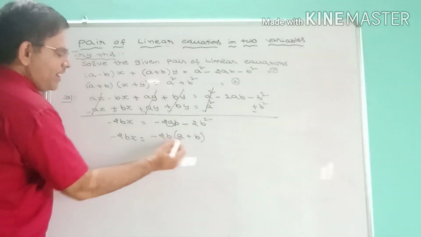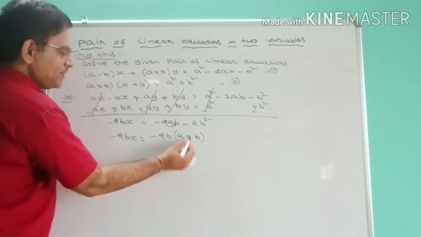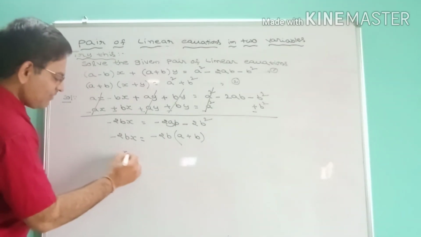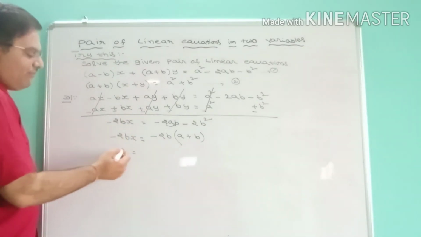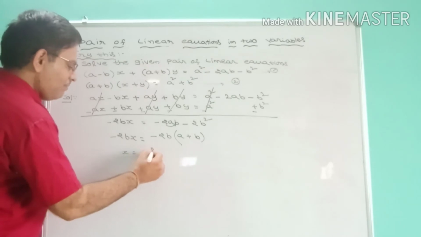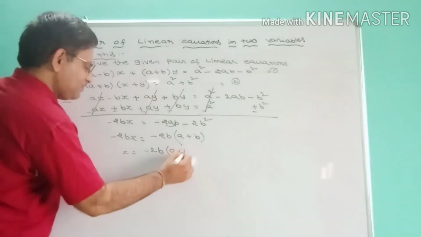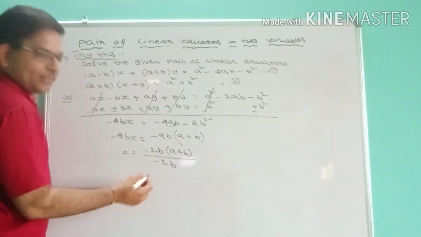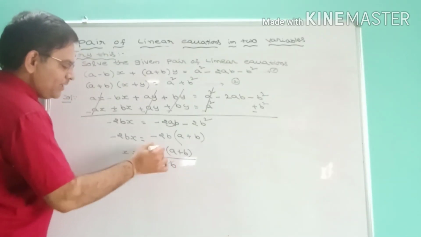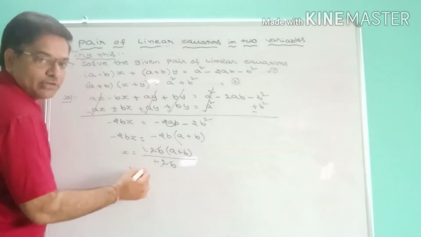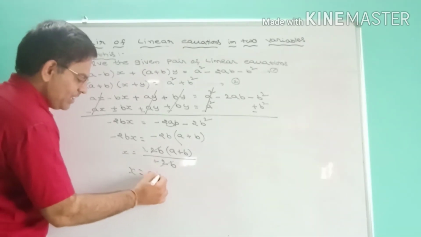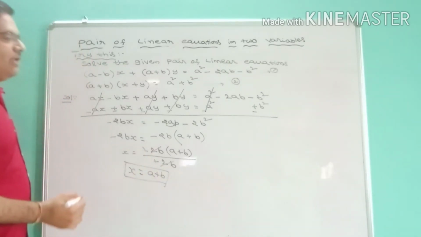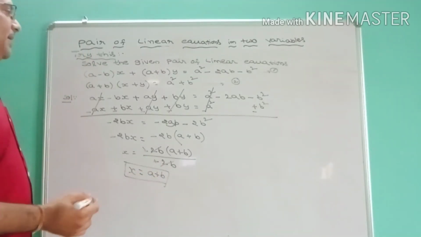Now x equal to minus 2b into (a plus b) by minus 2b. Minus 2b cancelled. So the x value is a plus b.